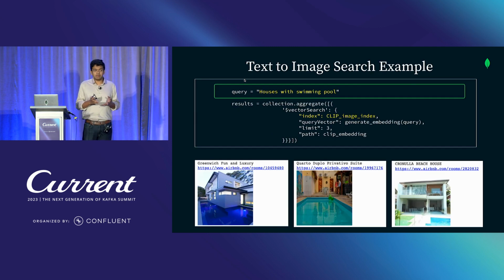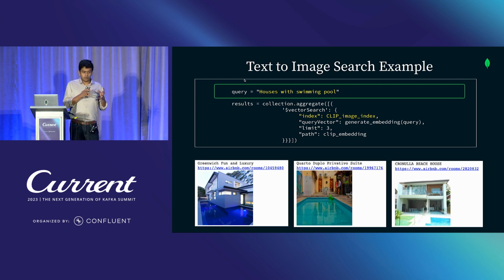And the process is incredibly simple, right? With these large language models and Atlas Vector Search. So the query that I showed you before, this is what it would look like. You would essentially take all your images, pass it to these models, store their vector embeddings, and your query looks just like this, right? So houses with swimming pool, and this is the kind of results that you can get.